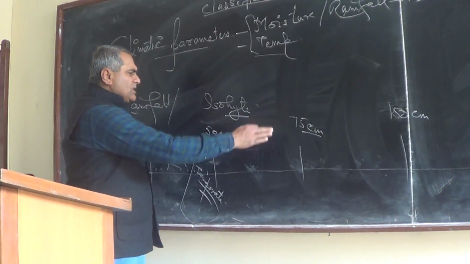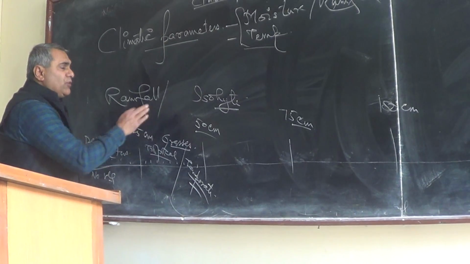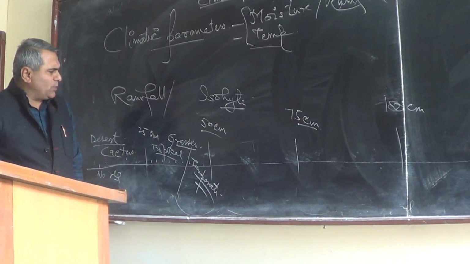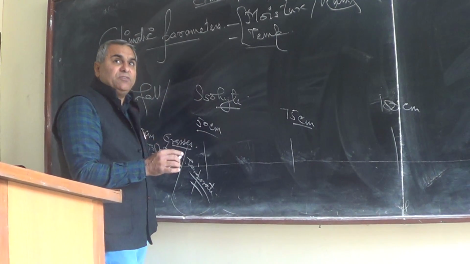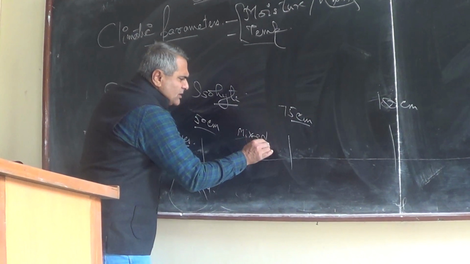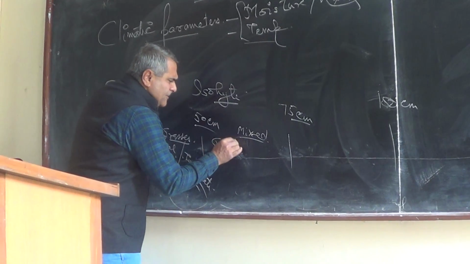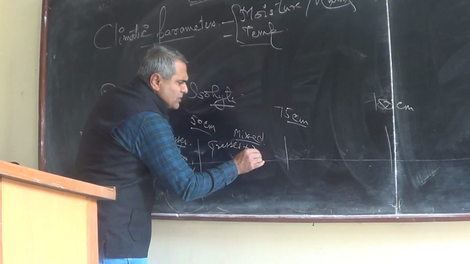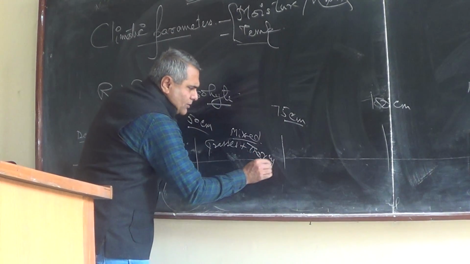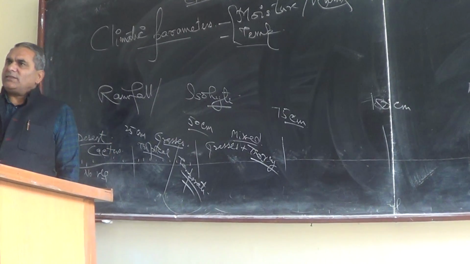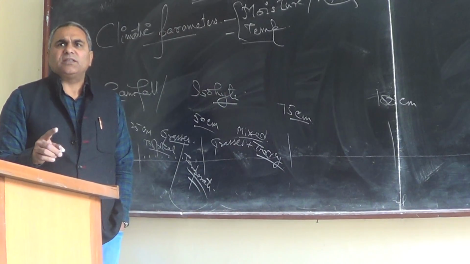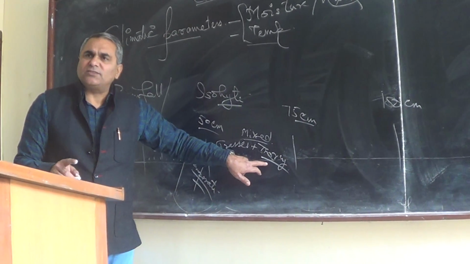When the amount of rainfall is more than 50 centimeter, the nature of vegetation becomes stunted, a kind of mixed vegetation, mixed with grasses plus thorny trees. Lesser the amount of the moisture available in the soil, the more the thorny nature of vegetation.